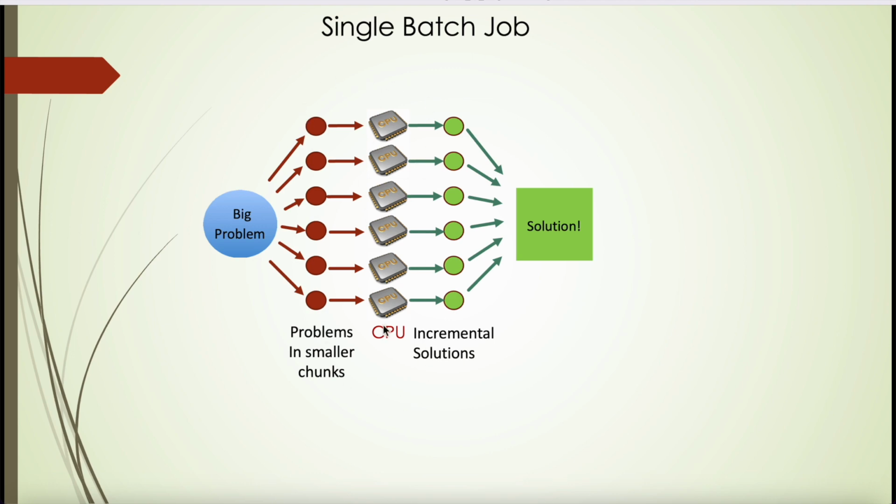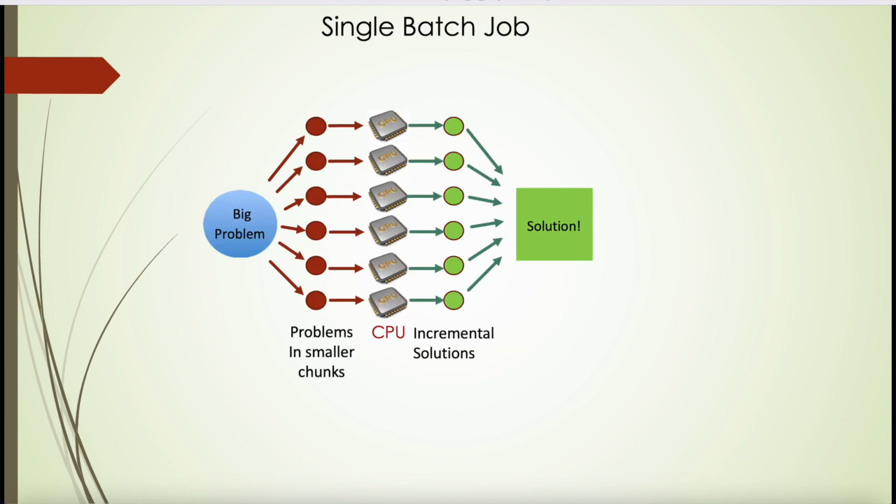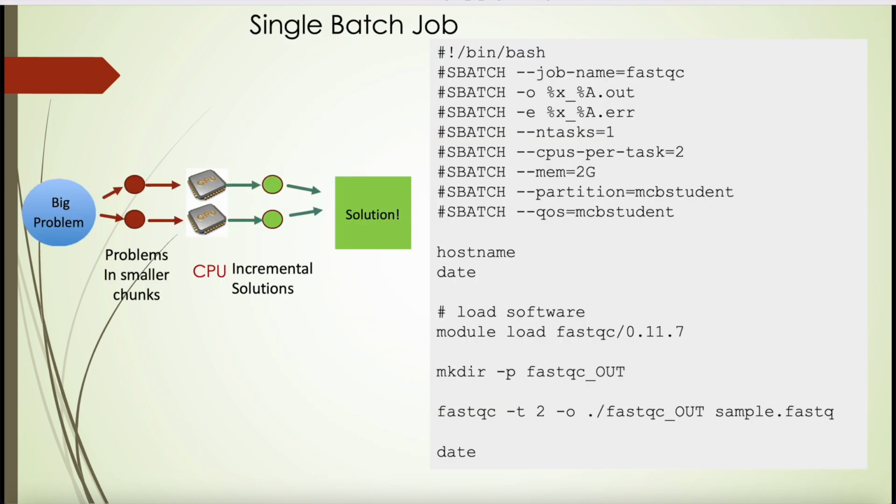Some programs support multi-threading, some don't, so one has to look at the manual to figure out whether it does. If it doesn't support multi-threading, it is going to run on one CPU. But if it does, it's a good thing to take advantage of that and use multiple CPUs to process your job faster.